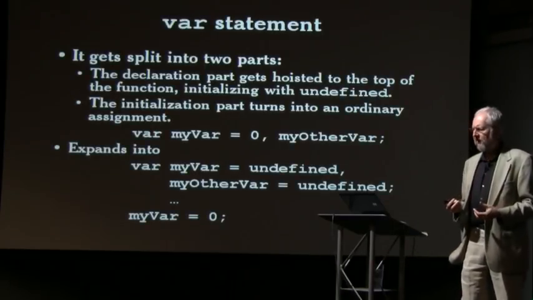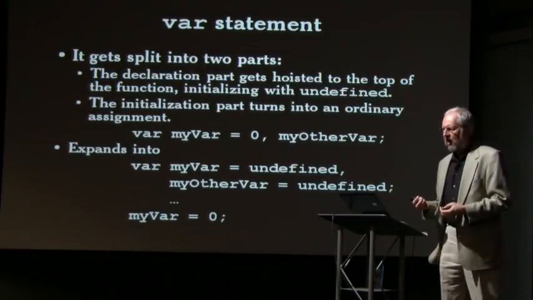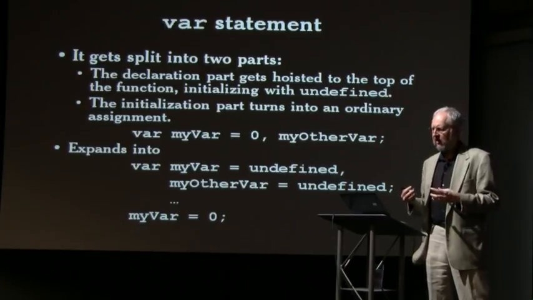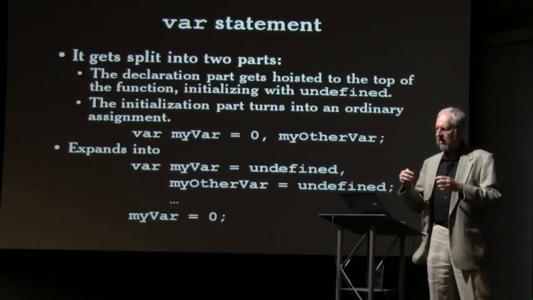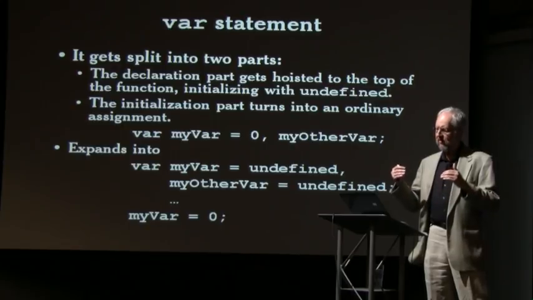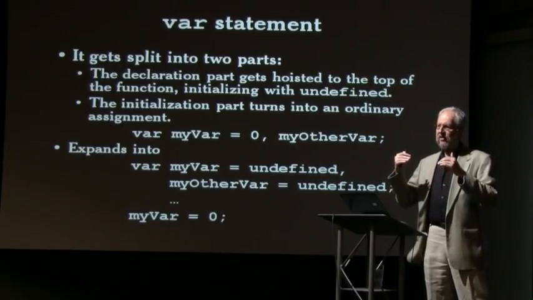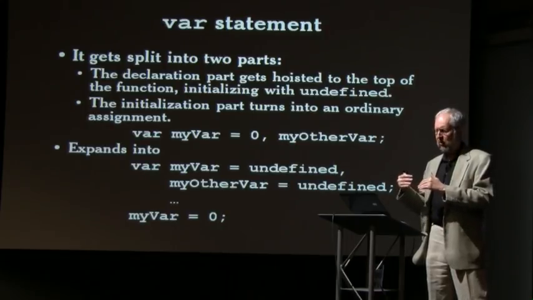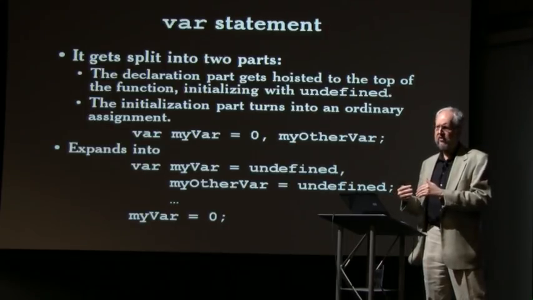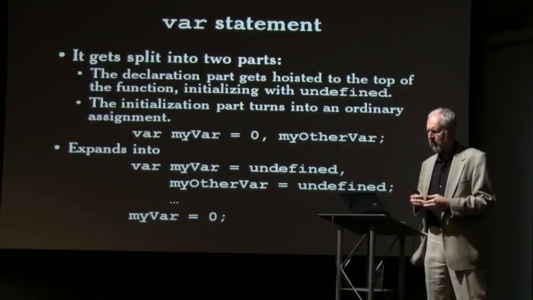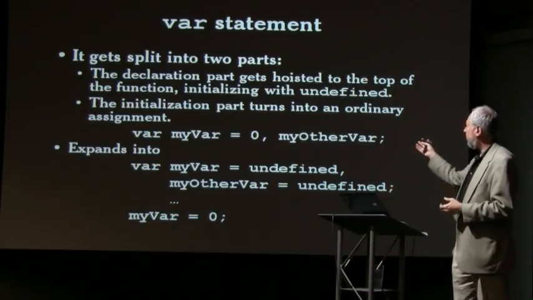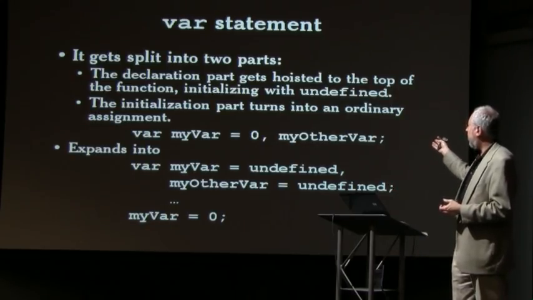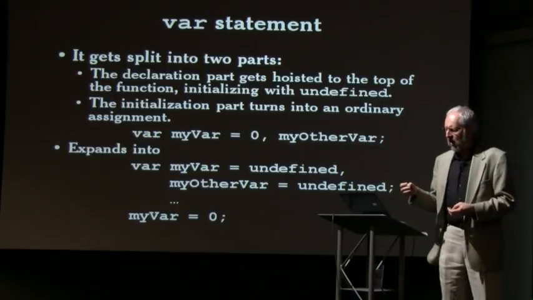So the way the var statements work is the var statement gets split into two pieces. The declaration part gets hoisted to the top of the function and is initialized with undefined, and then back at the place where the original var statement was, it gets turned into an assignment statement so that the var gets removed. So here we have an example. I've got my var equals 0 and my other var.